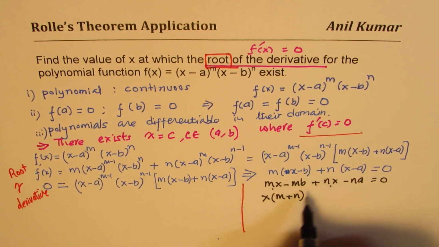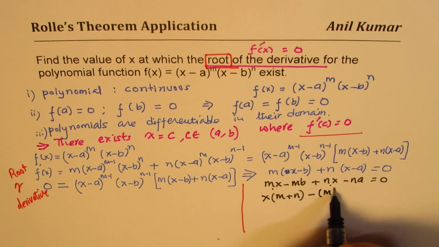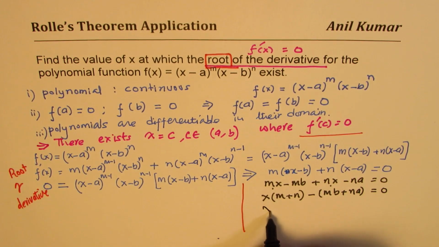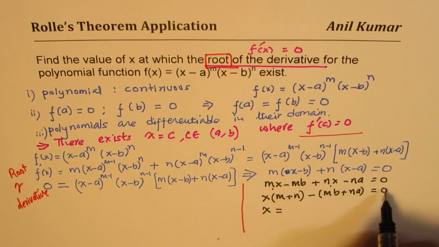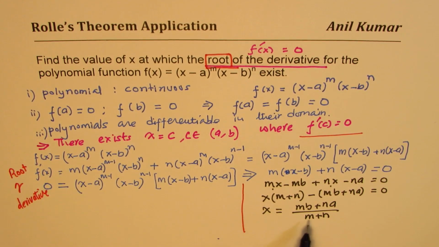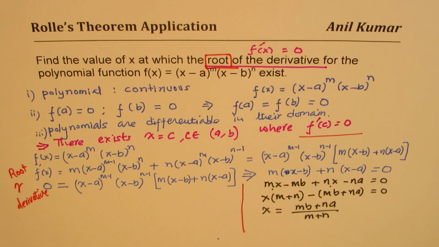And we are left with minus (mb plus na), correct, equals 0. So from here, taking this to the right, x is equal to (mb plus na) divided by (m plus n). So that is the value of x at which the derivative is 0, right?